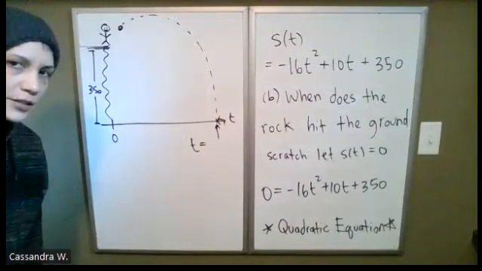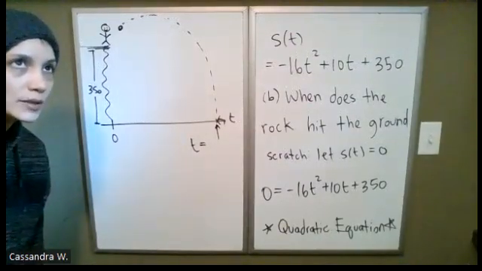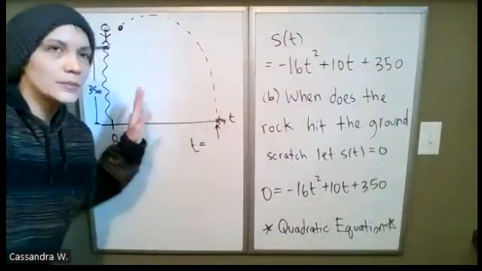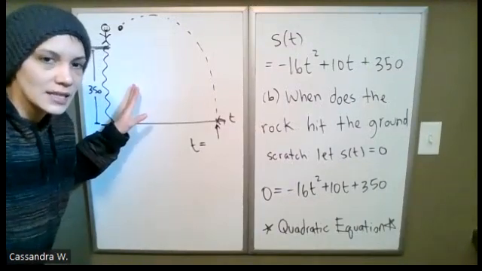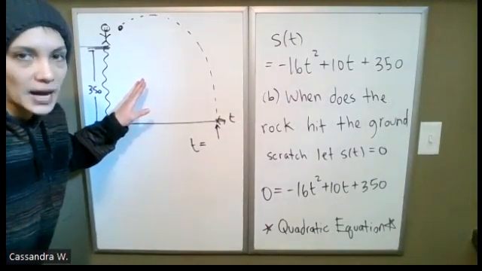I don't really think we need the picture anymore. I want to point out something that comes up with problems like this. Say you're in a physics class, part of the question could be, when is the rock at its highest point?